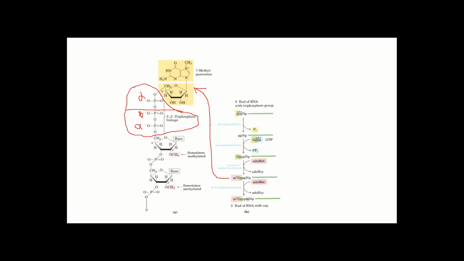And this alpha phosphate, which is part of the G cap, is also at the 5' position. So that's why this linkage is known as the 5' to 5' linkage, and there is involvement of 3 phosphate groups: alpha, beta and alpha. So that's why this phosphodiester bond is known as the 5' to 5' triphosphate linkage.